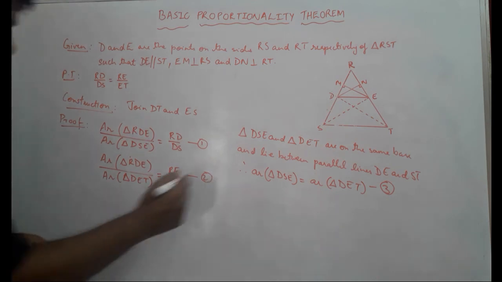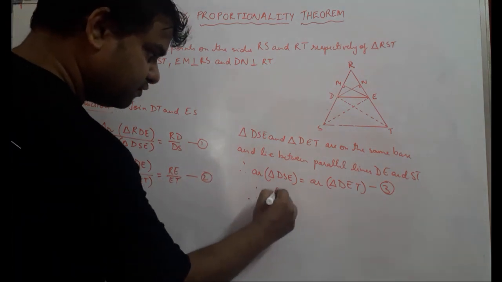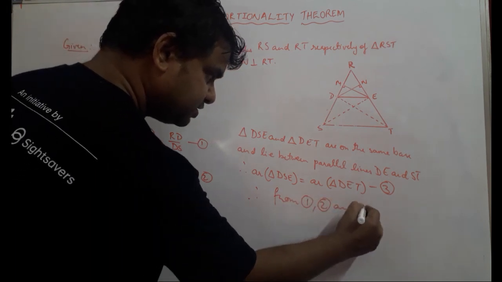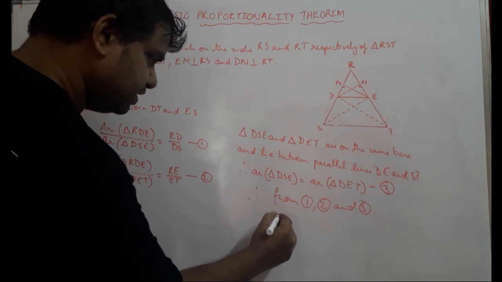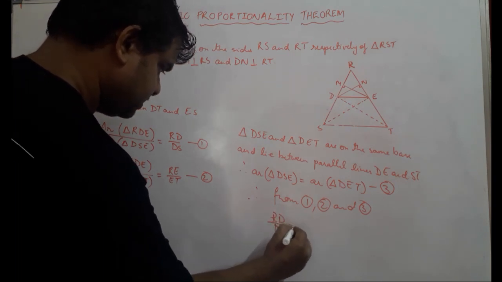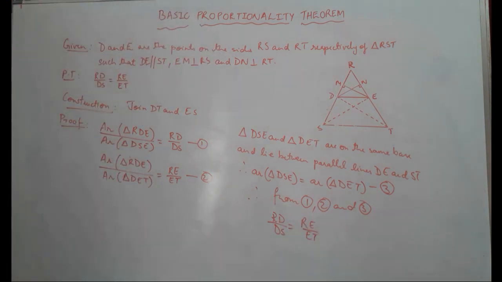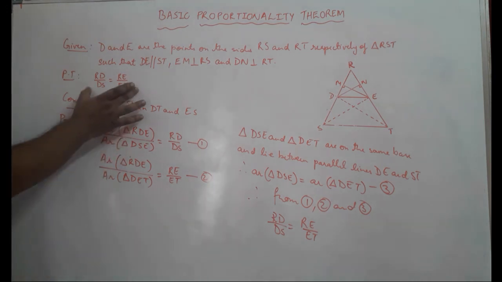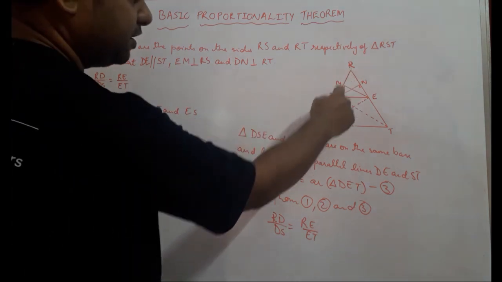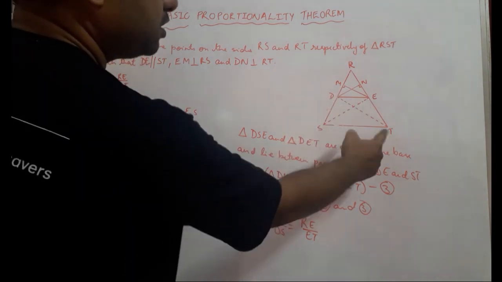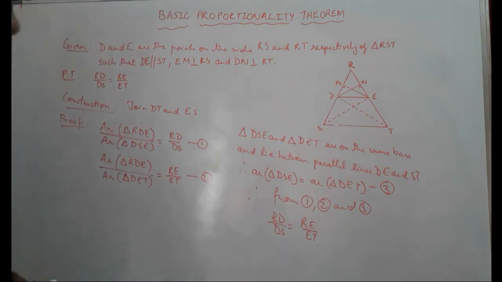Therefore, we can say from 1, 2 and 3 that RD upon DS is equal to RE upon ET. And that proves our basic proportionality theorem which we had to prove. We had to prove that RD upon DS is equal to RE upon ET since these two are parallel, and that's exactly what we have got in our proof.